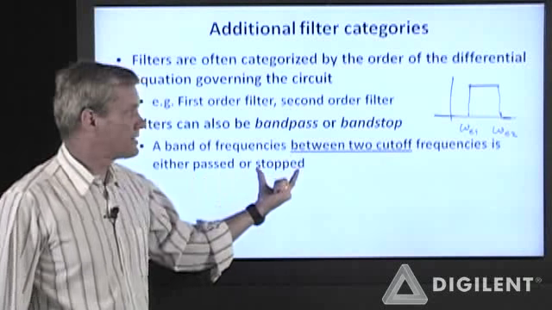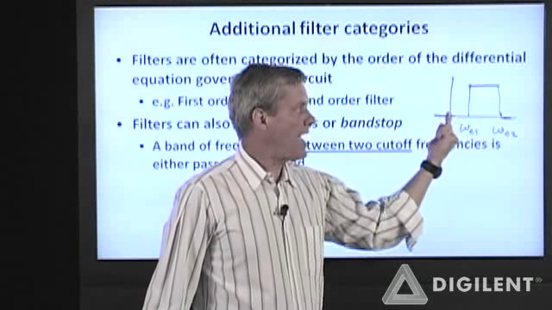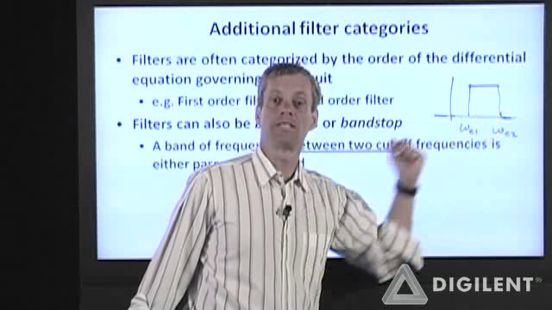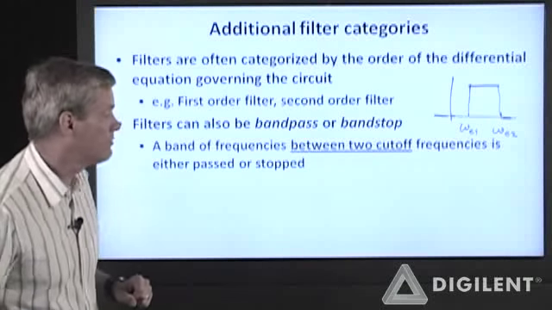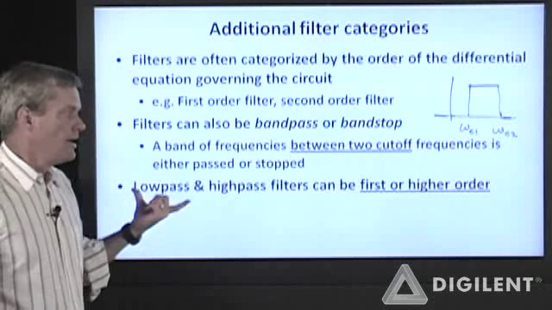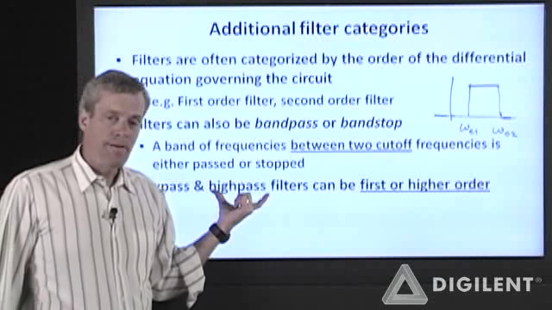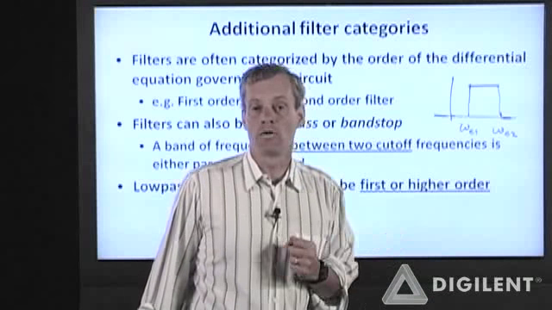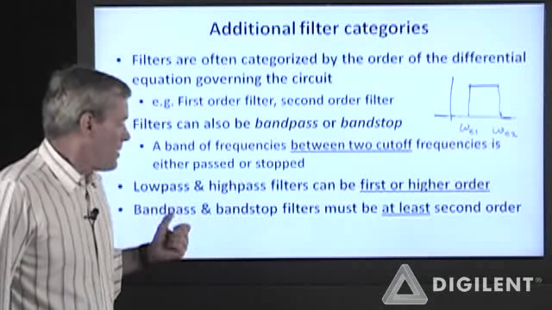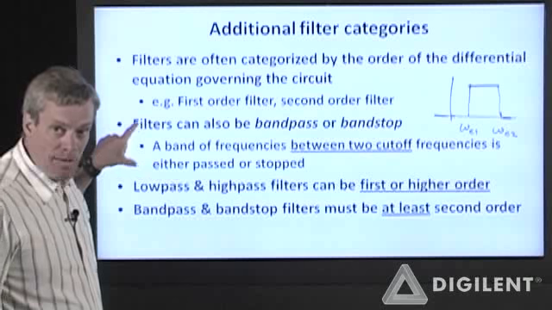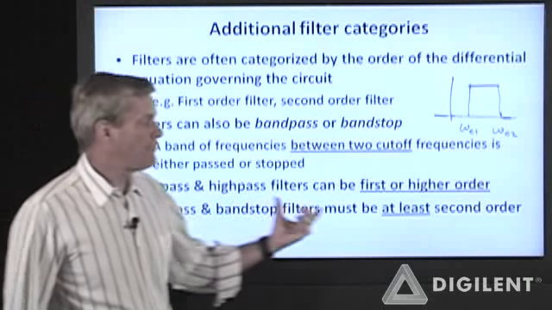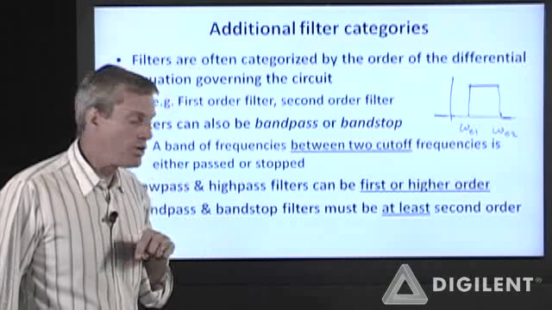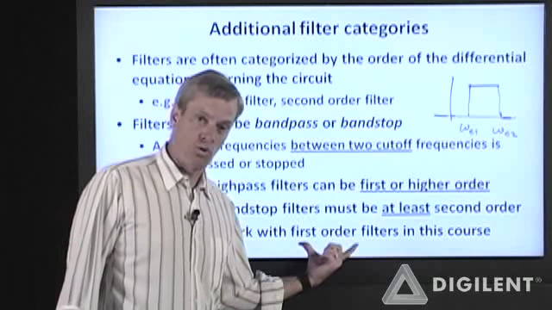Likewise, with band stop filters, you pass everything outside of the range between these two frequencies and stop the stuff between the two frequencies. Now, low-pass and high-pass filters can be first order or they can be higher order. Band pass and band stop filters have to be at least second order. In this course, I only want to work with first order filters.